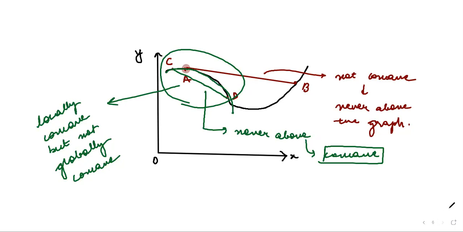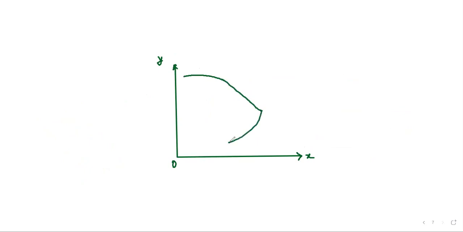Let's take yet another example. X, O, Y. And the graph is this. Something like this. Now, if I take these 2 points, A and B, and I join them, the line is never above the graph. If I take these 2 points, C and D, and join them, the line is never above the graph.